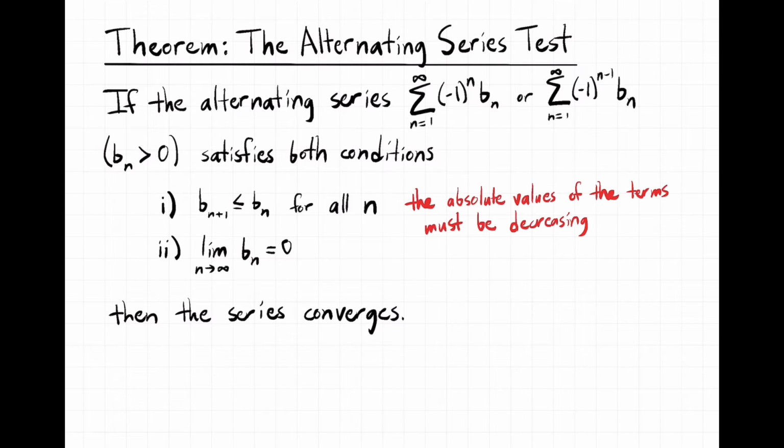Now, we need to test both of these things. Either of these two conditions could be true if the other is not. You could have a situation, say a function, where the function is decreasing, but the limit is not 0.